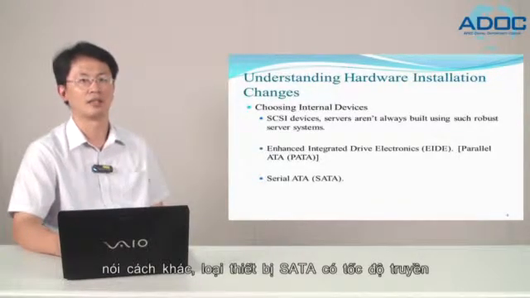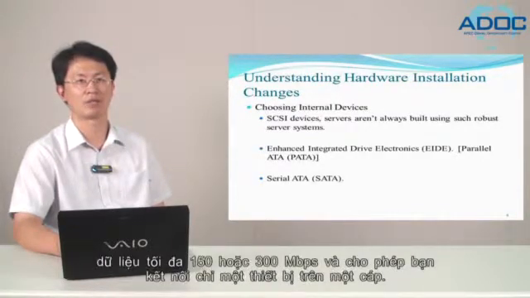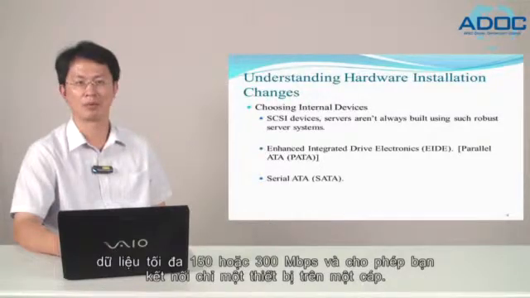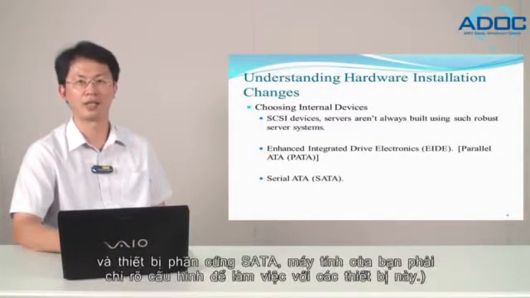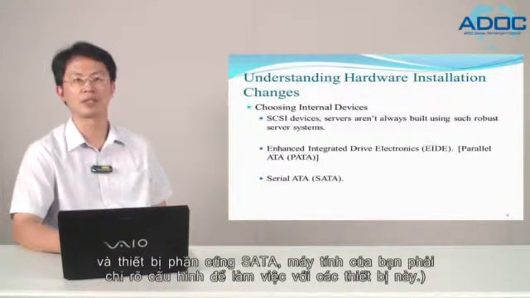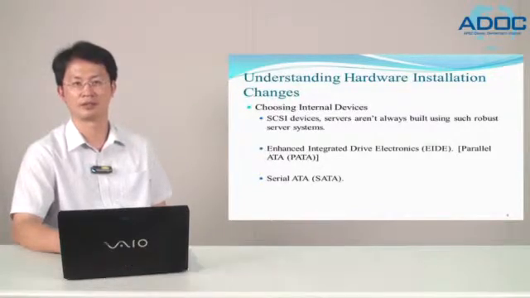On the other hand, typical serial ATA devices have a maximum data transfer rate of 150 or 300 megabits per second and allow you to connect only one device per cable. Although Windows Server 2008 can be used with SCSI, EIDE, and serial ATA hardware devices, your computer must be configured specifically to work with these devices.